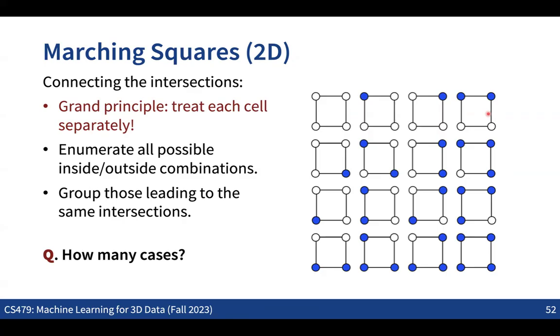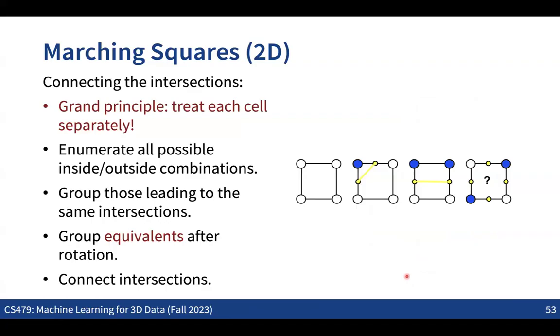So the basic idea is that we will look at all the 16 cases individually and try to draw the connection lines for the intersection points. But even so, we don't need to consider all the 16 cases because there are quite a few symmetric cases as well, right? By rotating these cells, we can see some groups.